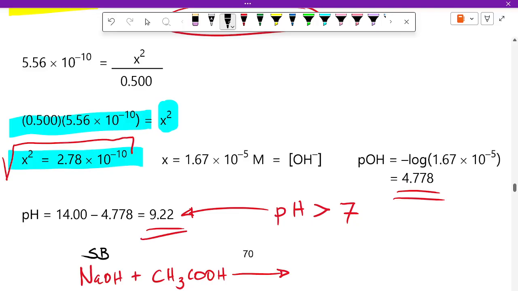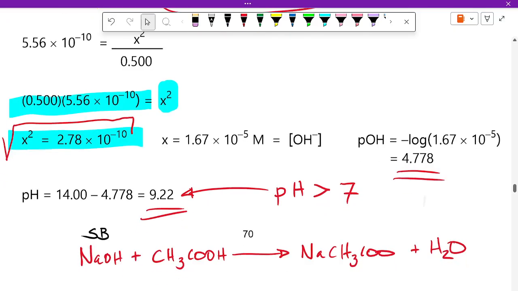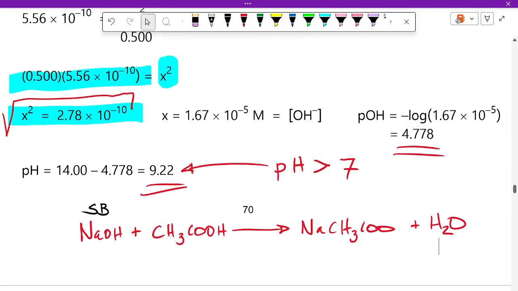We produced NaCH3COO and water. So anytime we have a neutralization reaction and you want to know the pH at the equivalence point, all of this is gone.